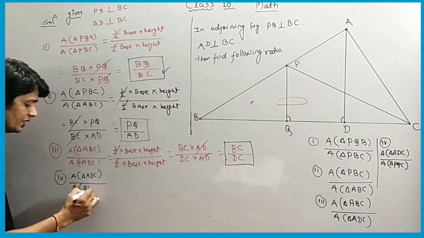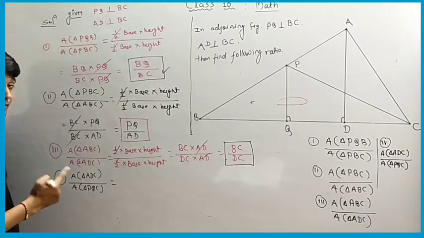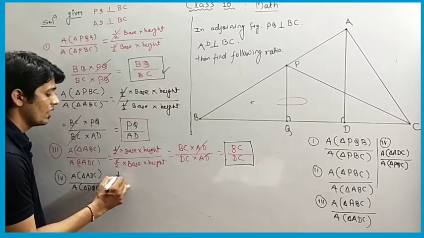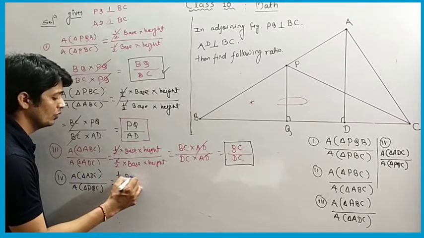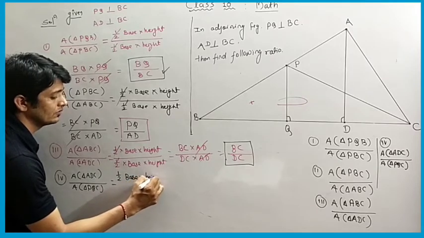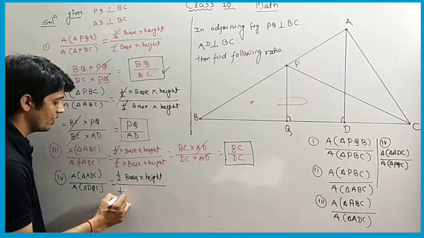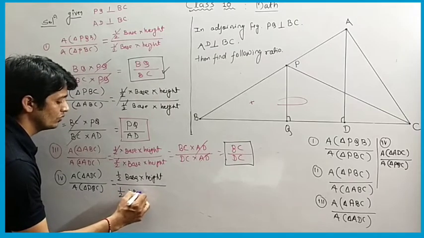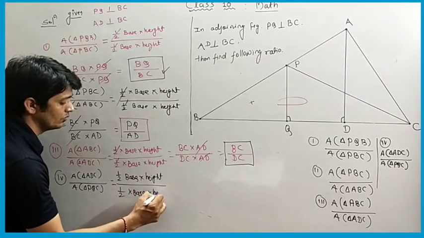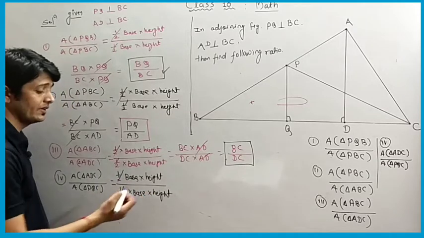We have to write PQC equals, again the formula we have is half into base into height, divided by, again half into base into height. Half and half will get cancelled.